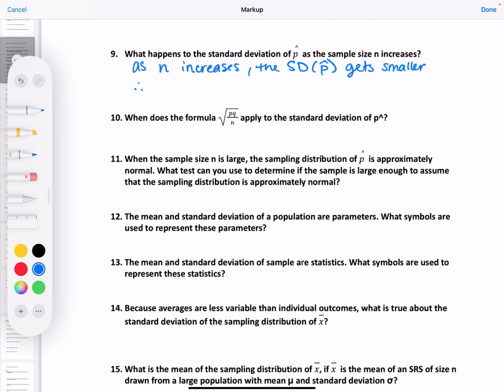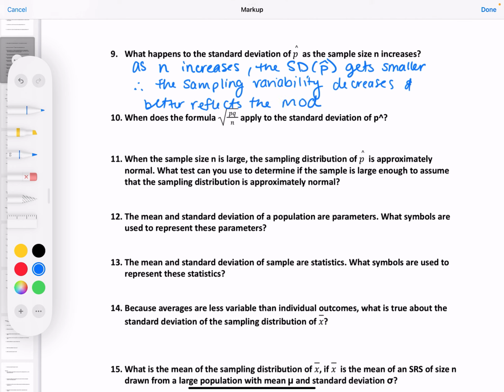Therefore, the sampling variability decreases and better reflects the model. And you'll need to highlight that one.